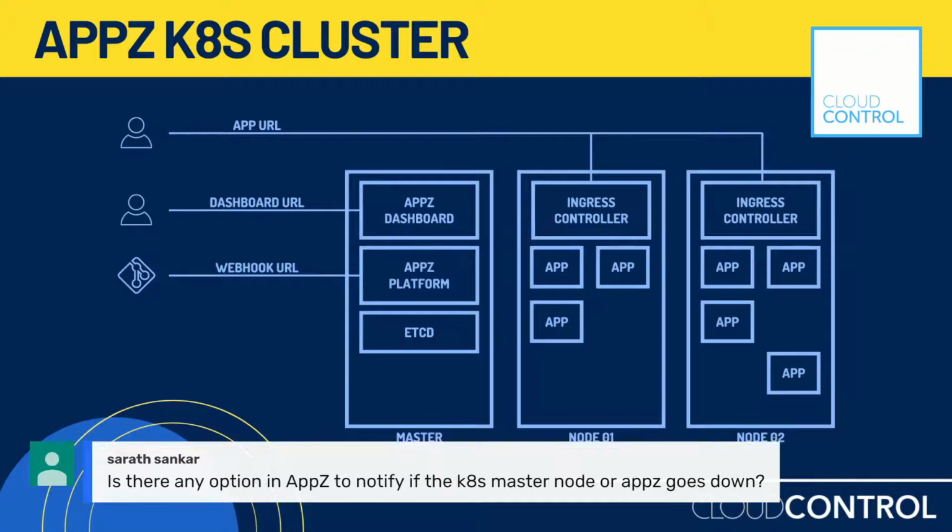So when it comes to the cluster itself, when the cluster goes down or the cluster has any problems, can we get the alerts? Yes. In fact, we have alerting built in for the infrastructure components also, so definitely it will get notified. One thing to note here is that if the master node or AppZ goes down, we can definitely alert.